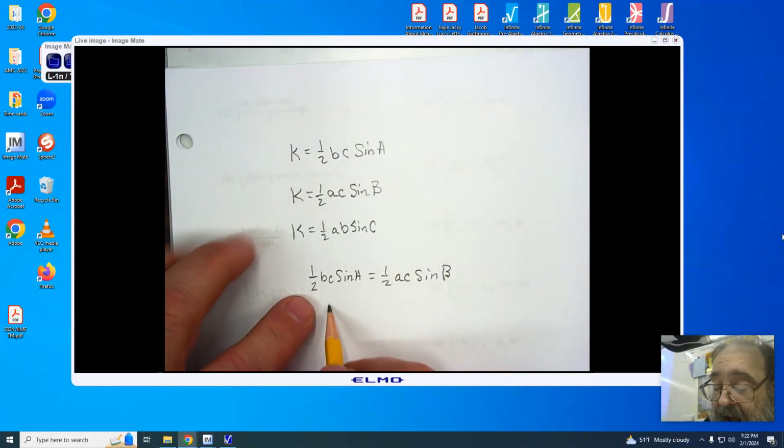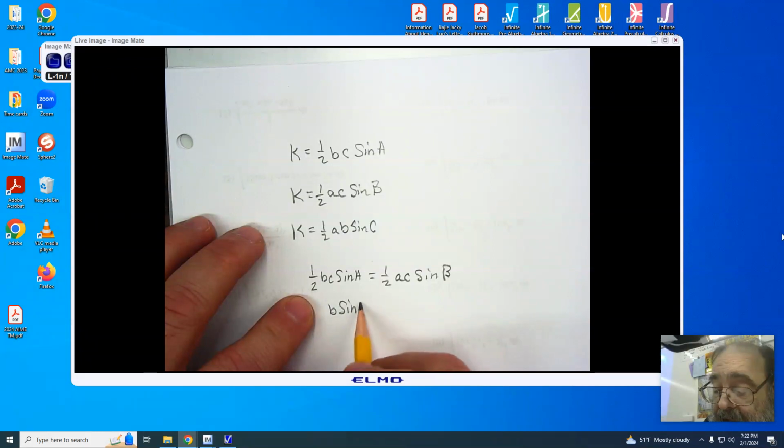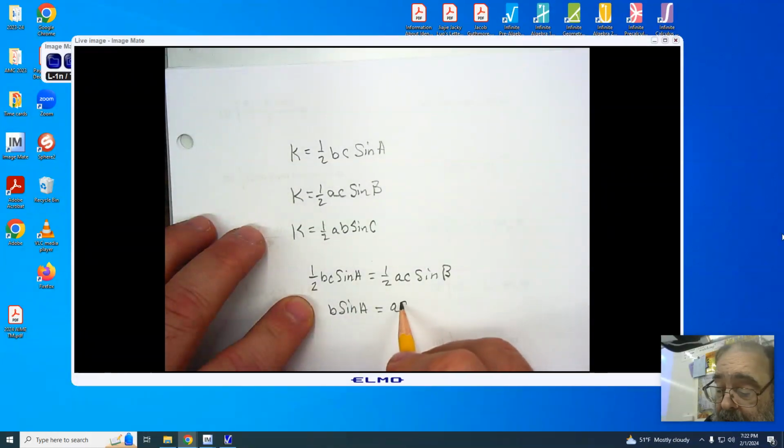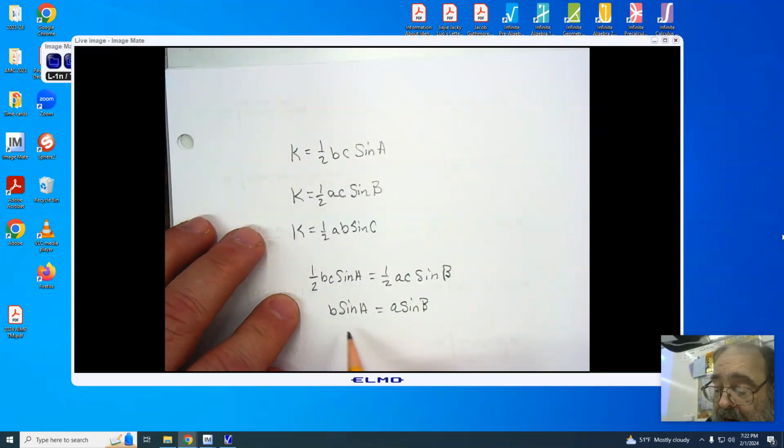That means that I have B sine of A is equal to A sine of B. And if I divide by A and divide by B, or multiply by the reciprocals, I end up getting the sine of A divided by A is equal to the sine of B divided by B.